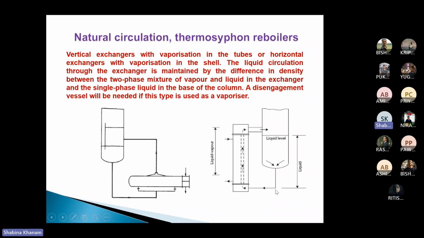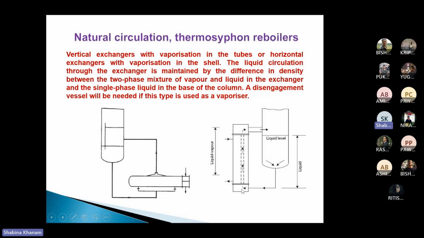In a similar line, when I have vertical placement of the reboiler, the vaporization will always occur in the tube side, because this is the least hindering path, the path which has the least hindrance. Vapor enters from the shell, then passes through the tubes and tube bundle, and then it exits.